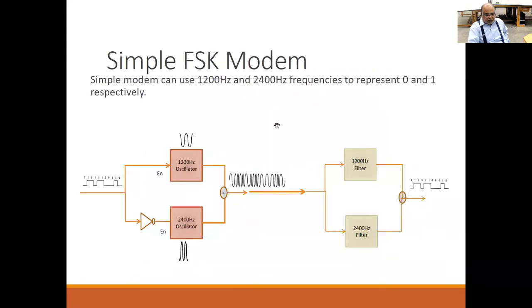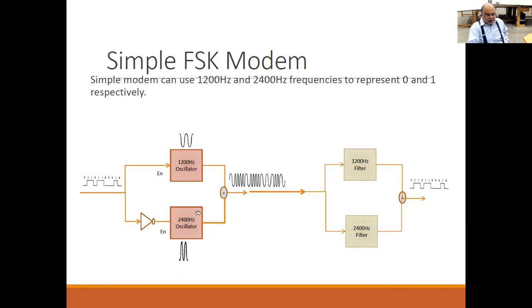A simple FSK modem, frequency shift keying, that we talked about. We can have two simple frequency oscillators. I have written 1200 and 2400, but in practice it is about 1000 and 1200. Just for pedagogical reasons, I've shown these two frequencies. You send this signal, it is received over here, and if this signal has this frequency, this output is one.